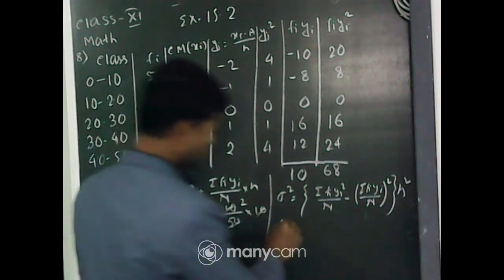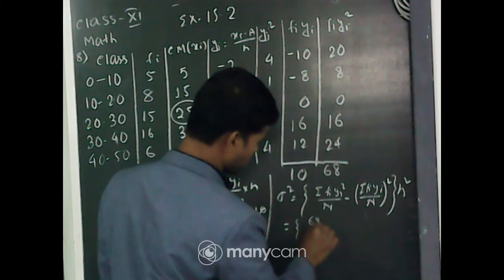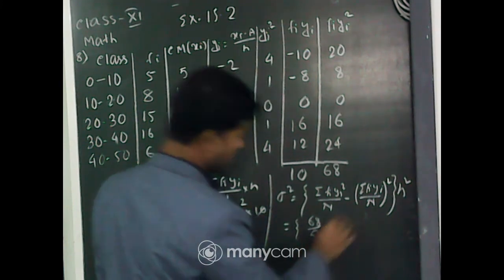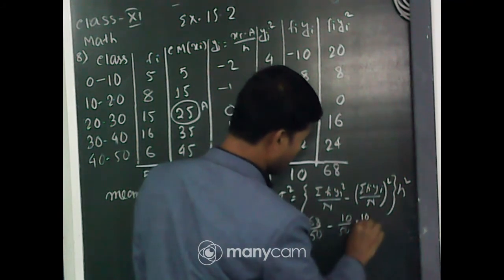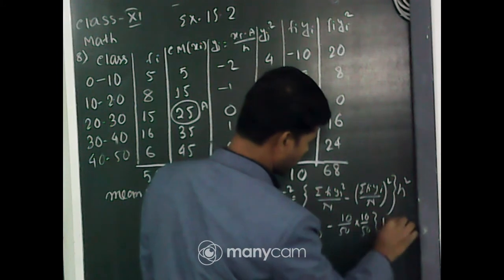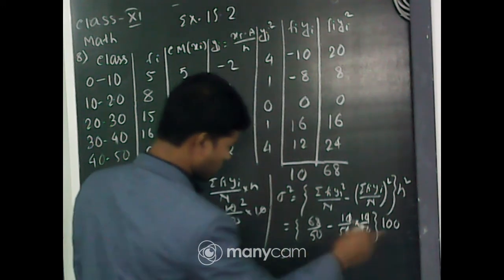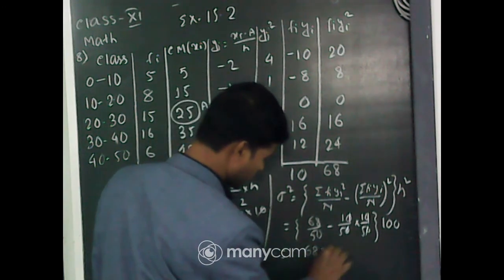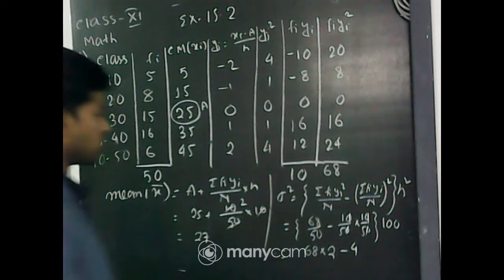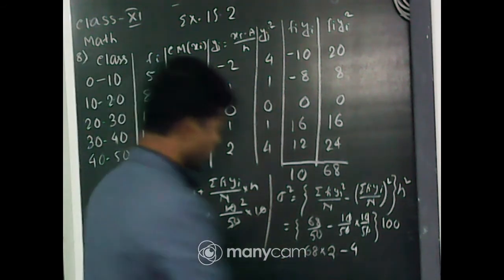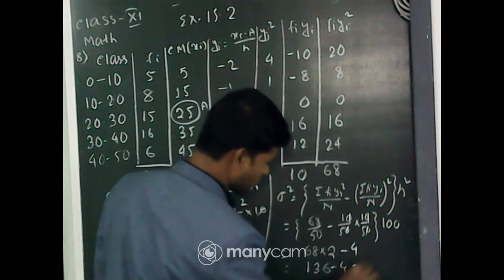Now put the values: summation of fi yi square is 68, divided by 50, minus (10 by 50) square, into h square, which is 100. Multiplying, 68 into 2 is 136, minus 4, which is equal to 132.